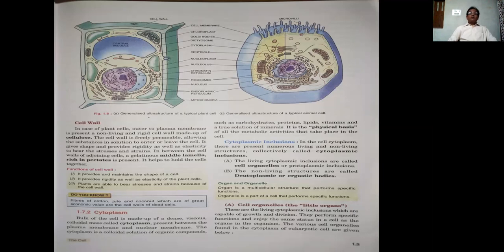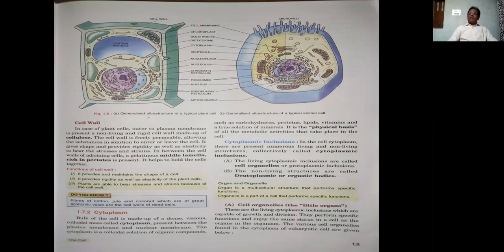On the basis of the living and non-living nature, the cell organelles are the living protoplasmic inclusions, while the non-living structures are known as deutoplasmic or ergastic bodies. Sometimes we also use the term cell inclusions for the non-living substance. But the cell organelles are living.